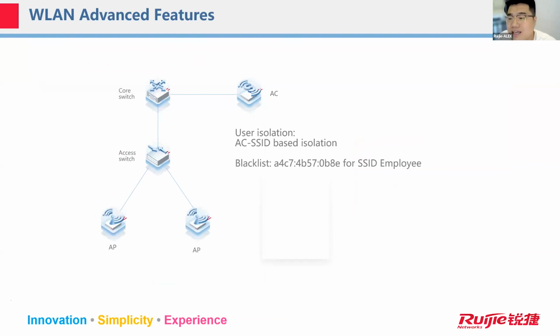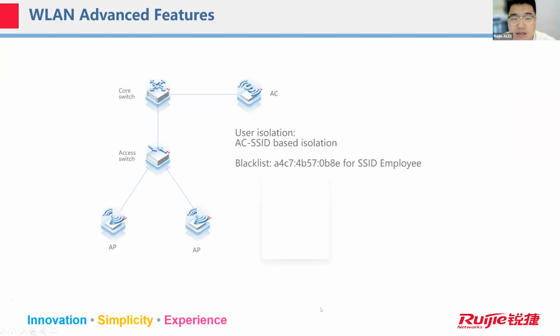Besides authentication, which can strengthen the security of the network, we can still use user isolation and a blacklist to improve security. For the user isolation, we use AC SSID based isolation.